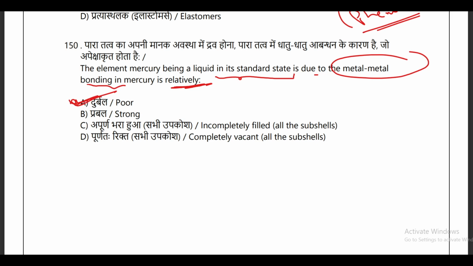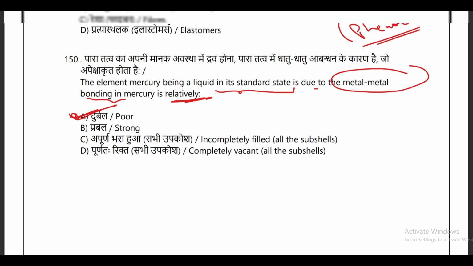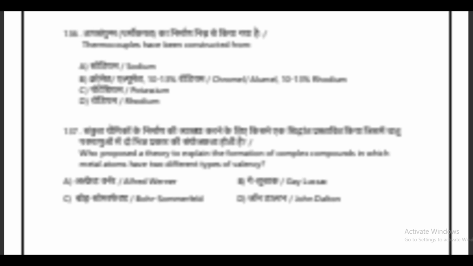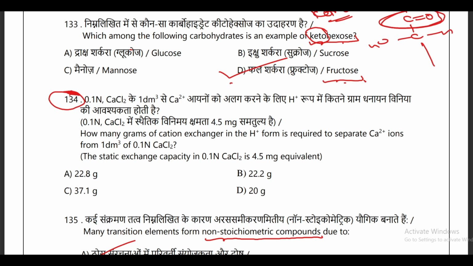So I have solved all the questions of this question paper. Still two questions are pending, and out of those two I will solve one. I think that question was 132. Let me check. 134.